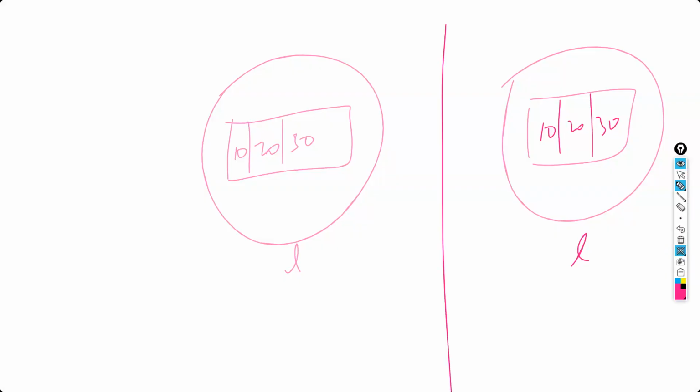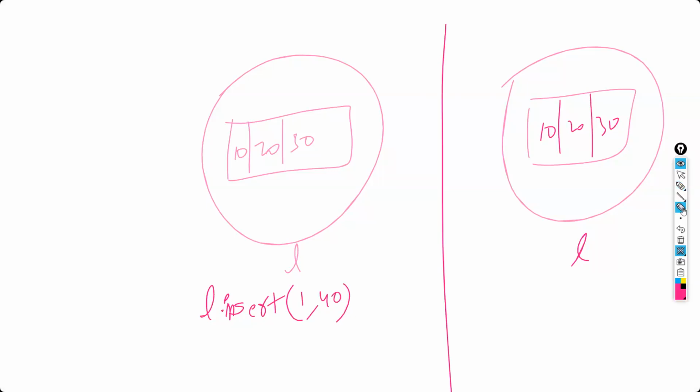Now, I want to replace 20 with 200, and I want to fill 40 in between 10 and 20. These are the two questions. Now, here I'm going to write list dot insert of 40. So where I want to insert 40 means in the index position 1, I want to insert 40.